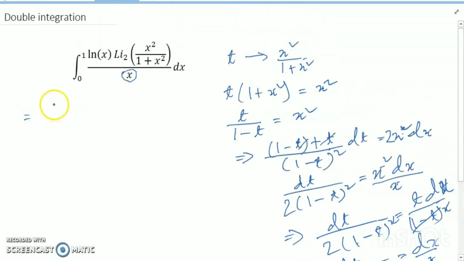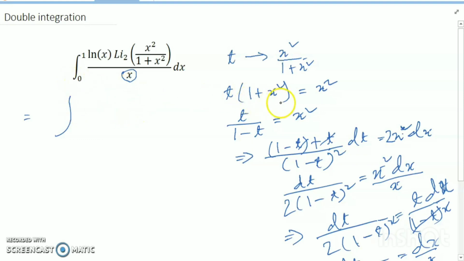Now if I put in the limit values, what are my limits?